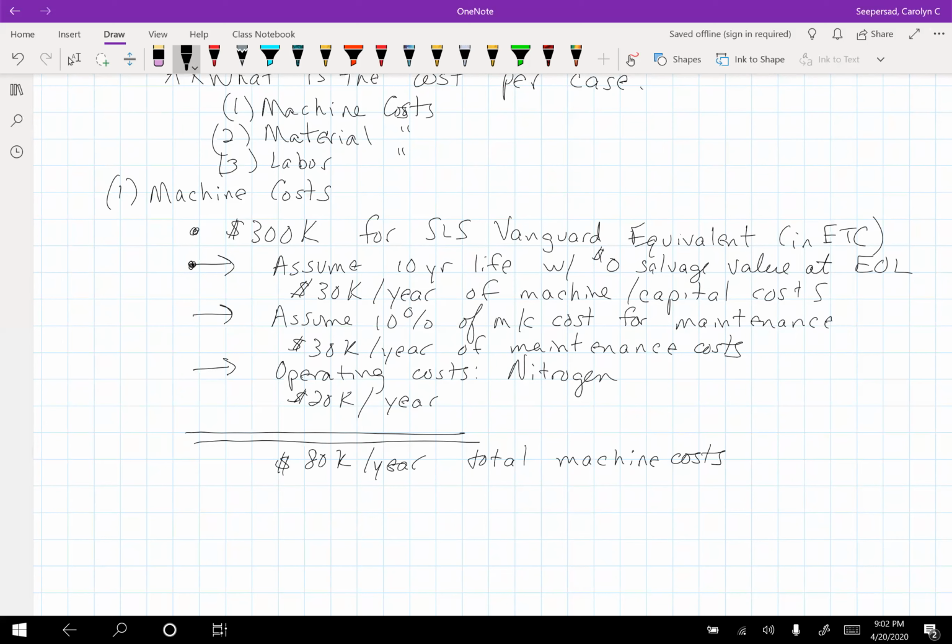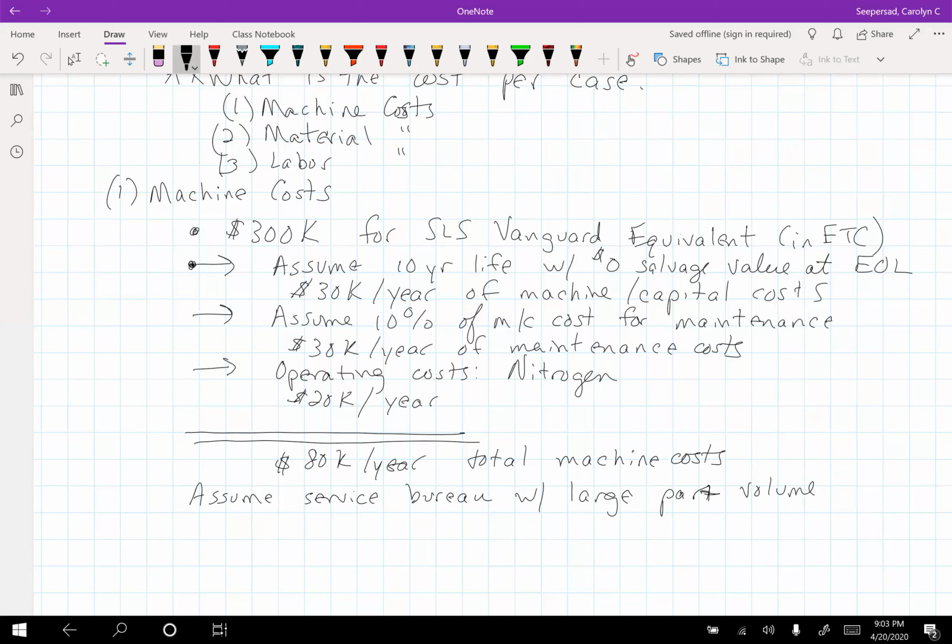Okay. Now, the question then becomes, how many builds are you going to be able to build per year? So let's assume a service bureau with a large part volume, so that we can continue to fill up this machine with builds over and over and over again.